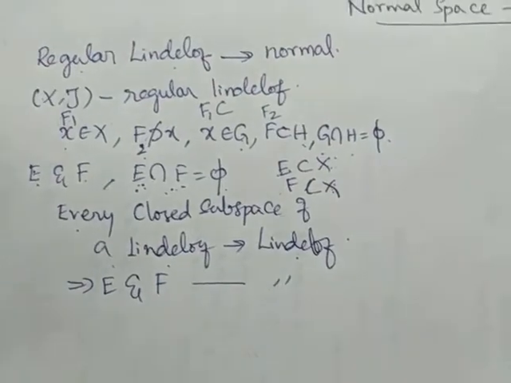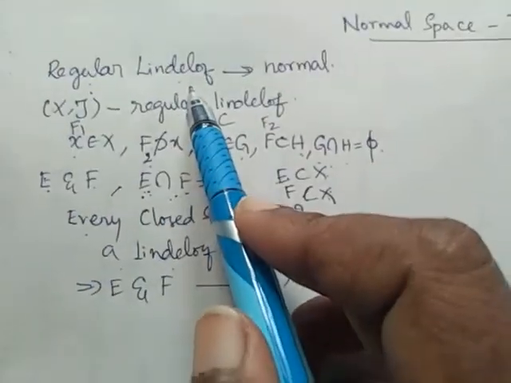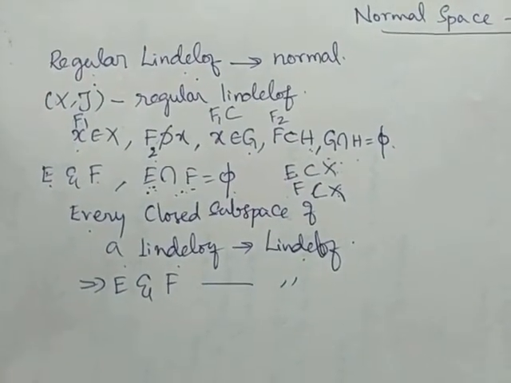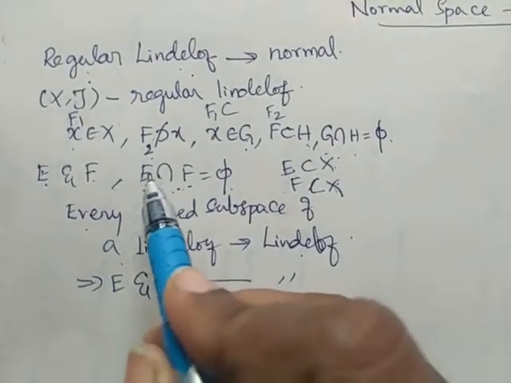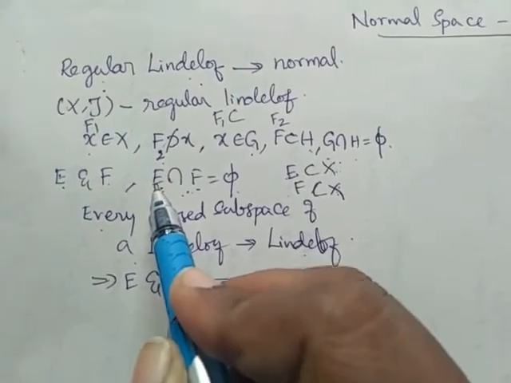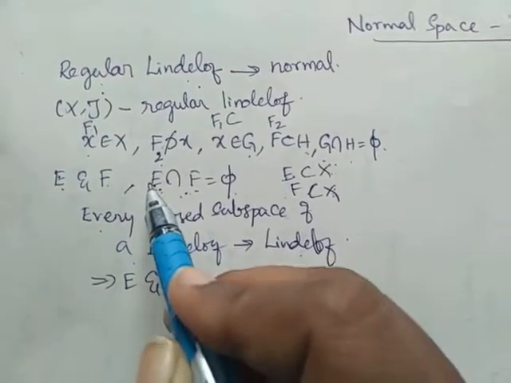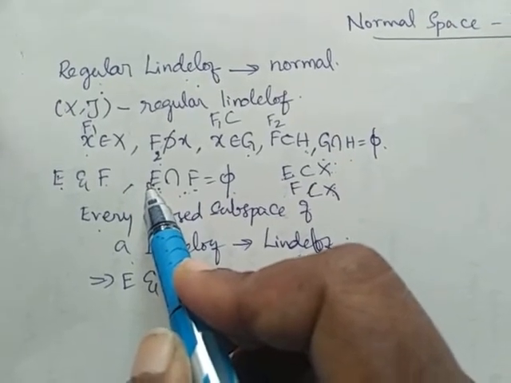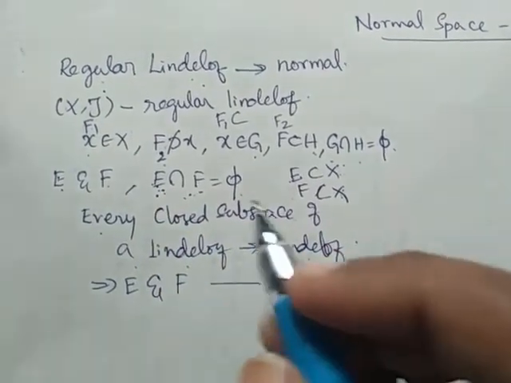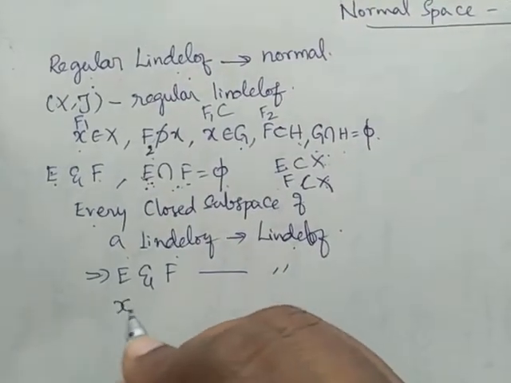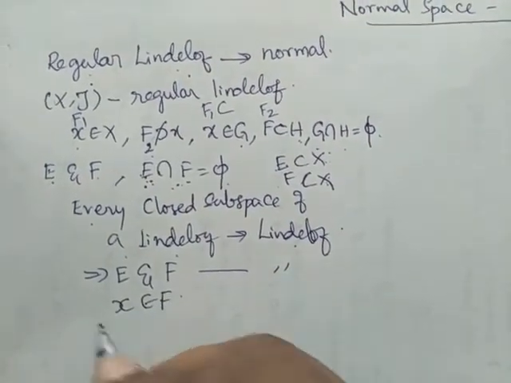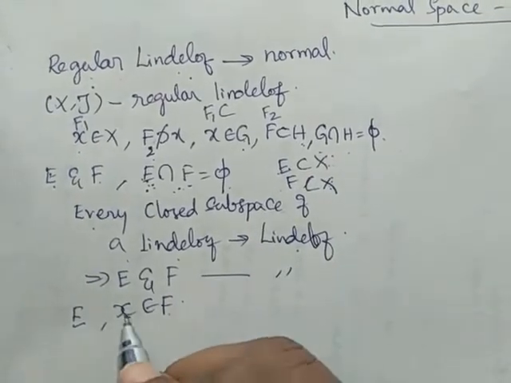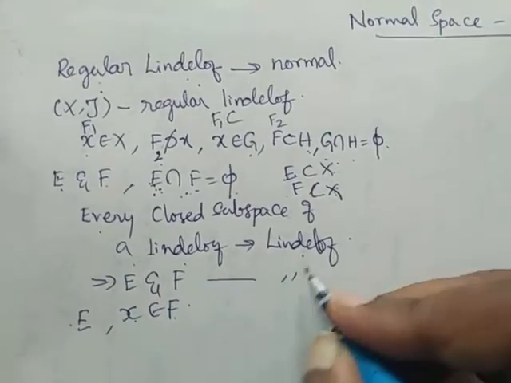Now, we have a regular Lindelof space, right? So, from the definition of regularity, corresponding to the set E, which is a closed set, there should exist an open set. For every x belongs to F, it means x does not belong to E, right?